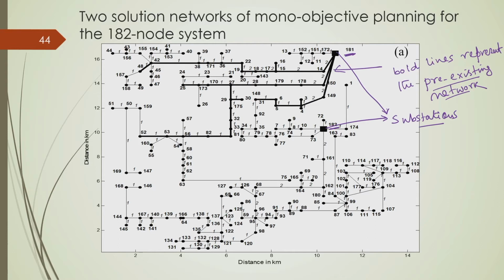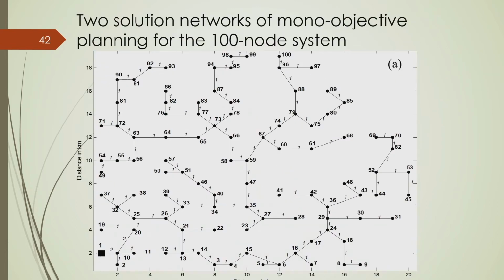So, our goal is to connect all these node points, either to this pre-existing network where the substation is located at 181, or to this substation 182. Okay. So, that is what we have done through this optimization.